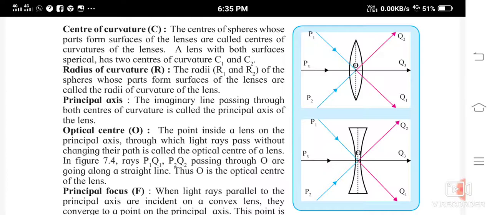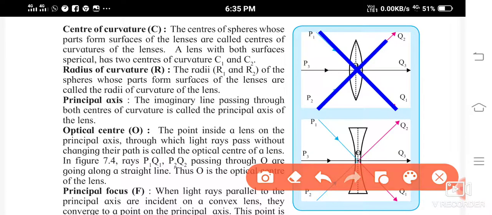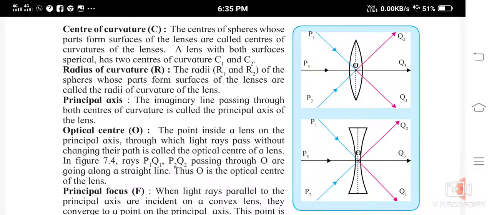You can see P1 Q1 and P2 Q2 passing through O. They are passing along a straight line. So O is the optical center of the lens.